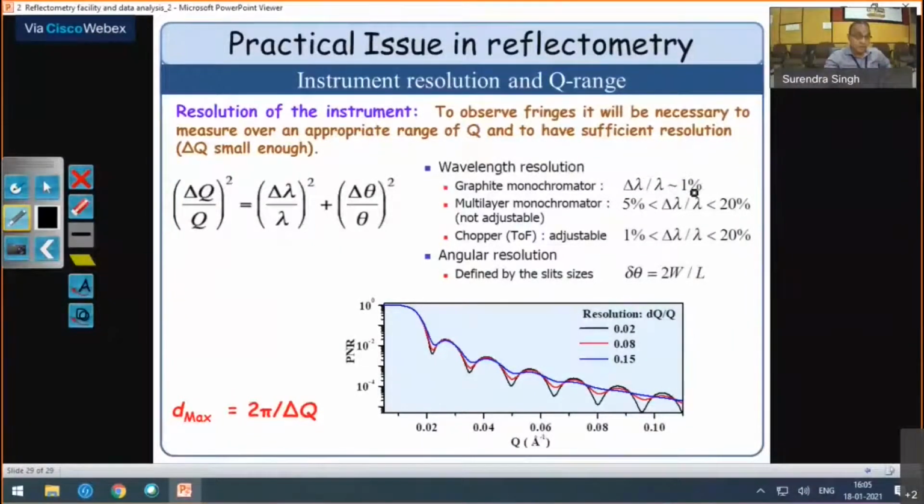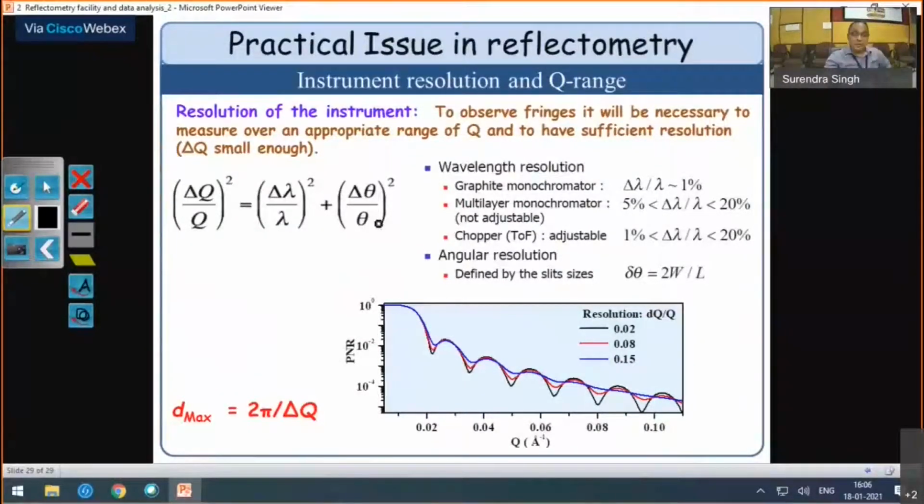But in our case, silicon, this is very small, around 0.1 degree, 1% or something like that, because we don't have a higher mosaic spread silicon crystal. So depending on the monochromator, you can change this value, but the resolution for a PNR instrument is mostly decided by the beam dimensions.